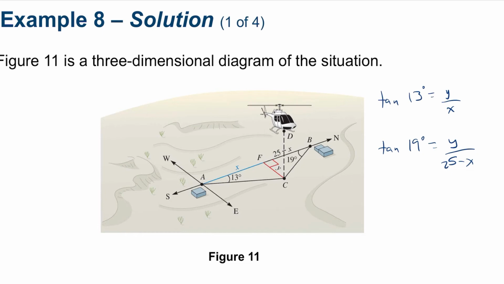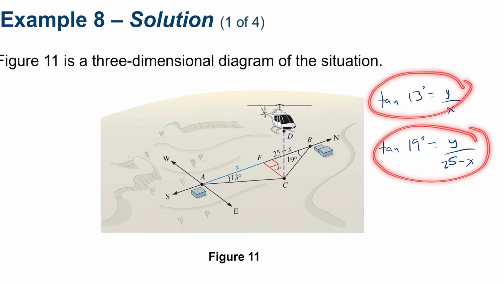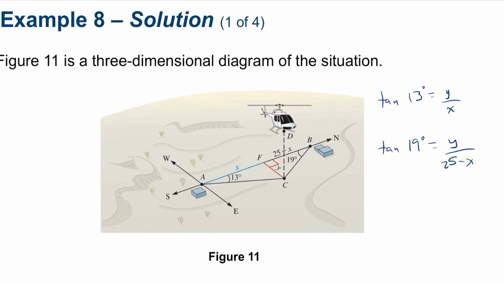Let's see here. We can substitute. Why don't we solve both equations for y, and then we can set those two equations equal to each other. So you can multiply both sides of the equation by x here, and over here, 25 minus x. All right, so for the top equation, we have y equals x tangent 13 degrees.